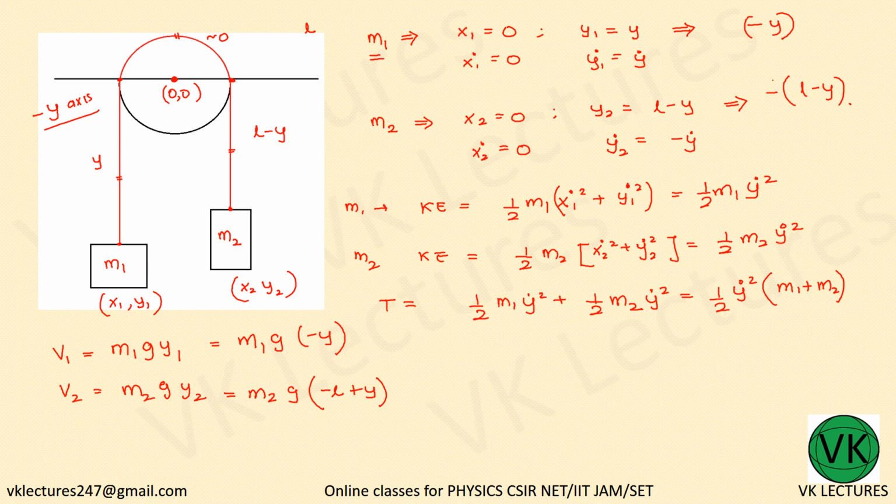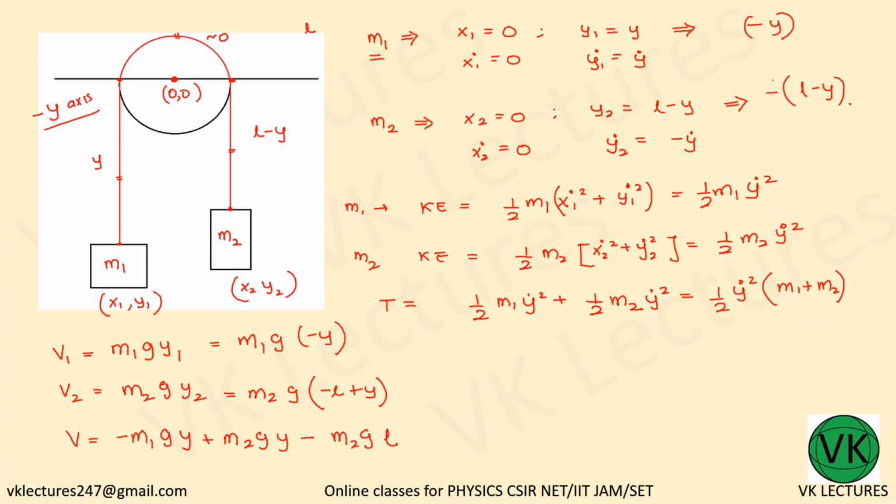So the total potential is minus m1 g y plus m2 g y minus m2 g L.